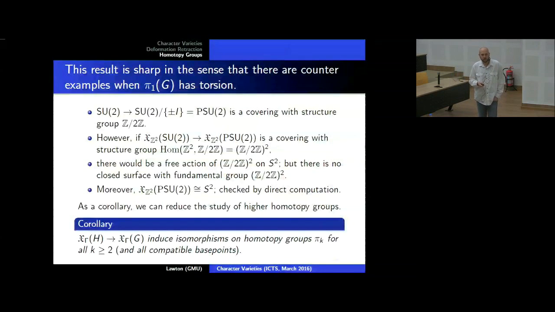So, under the assumption that G doesn't have torsion and we have a covering map between H and G, then the induced covering of moduli spaces gives an isomorphism for all higher homotopy groups by usual covering space theory. But this is nice. This essentially says if pi 1 of G has no torsion, then you can pick your favorite covering, if you want to study higher homotopy groups. So what about the higher homotopy groups?